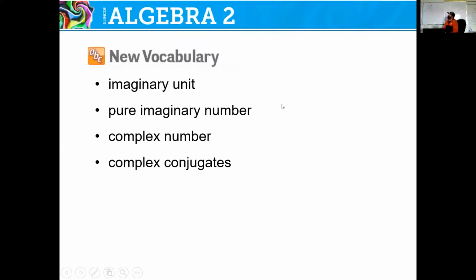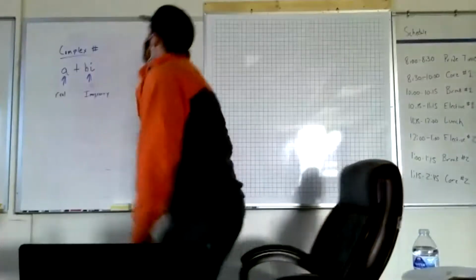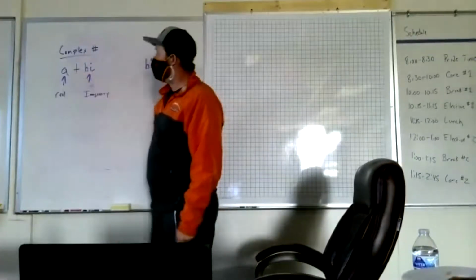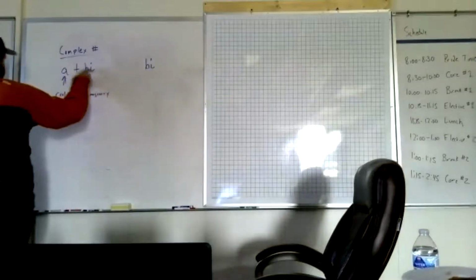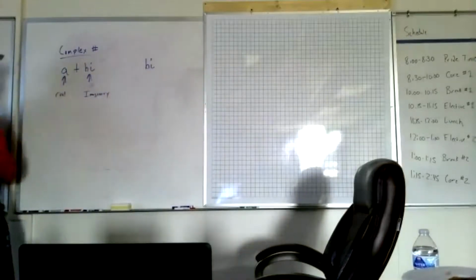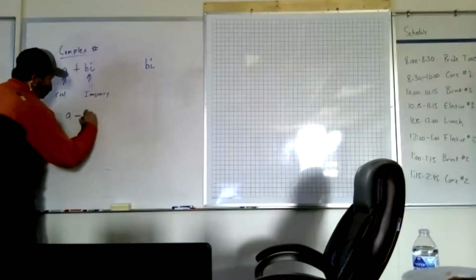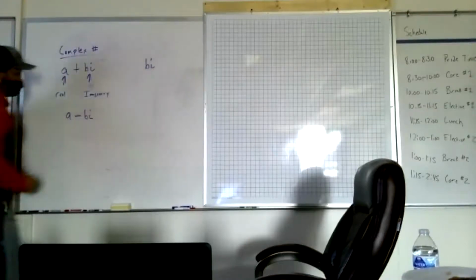Okay, the complex conjugate. That comes into play when we're dealing with division. More or less, a complex conjugate is a complex number that has a different arithmetic sign in the middle. So if this is a plus bi, the complex conjugate to that would be a minus bi.